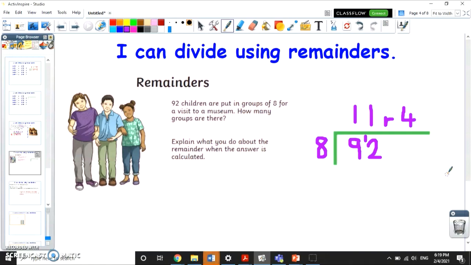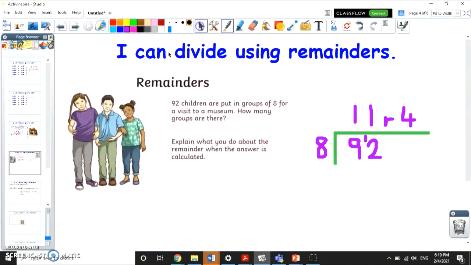Well, that just wouldn't happen, would it? Think then, how many groups will there need to be? There's going to be 11 groups of 8 children, but there's going to be one group which is smaller and has that remainder 4 in it. So actually altogether there's going to be 12 groups, because you can't just leave those poor 4 children out. They still have to be able to go on the visit to the museum.